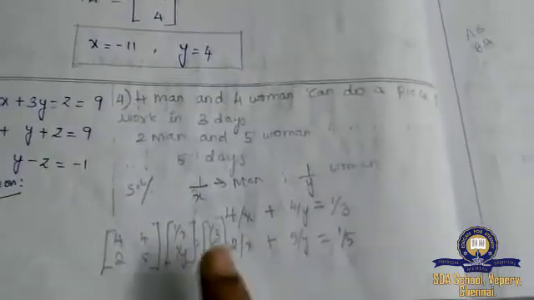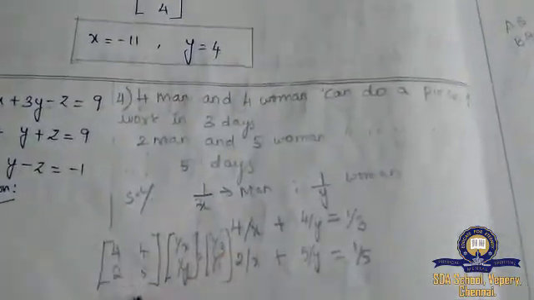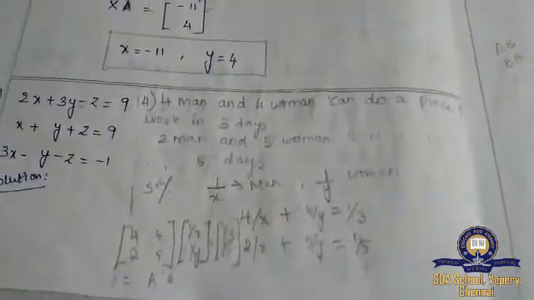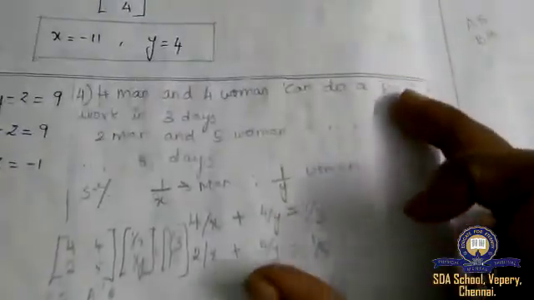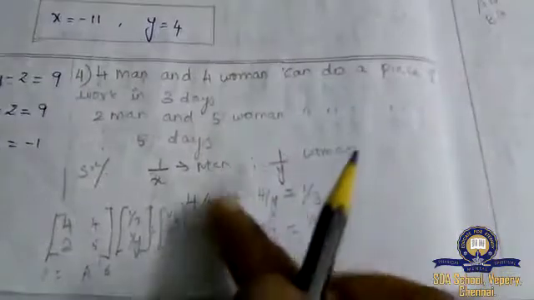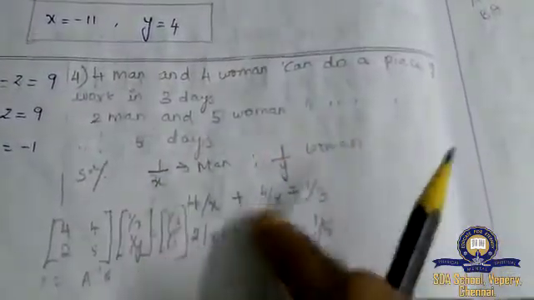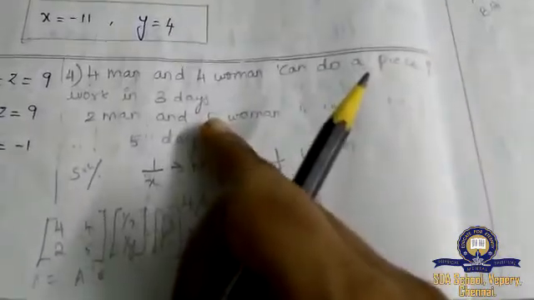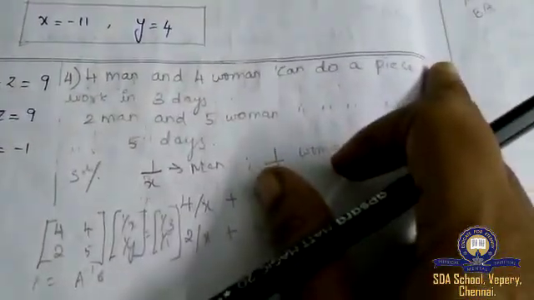So this is how your equation should be. After that, what is the formula? X is equal to A inverse B, and you should proceed with the sum. I've written only a rough part because you should do the sum. I've made the equation. From the equation you can continue with the sum, children. So this is your fourth sum. You can do the sums which are left over in this exercise.